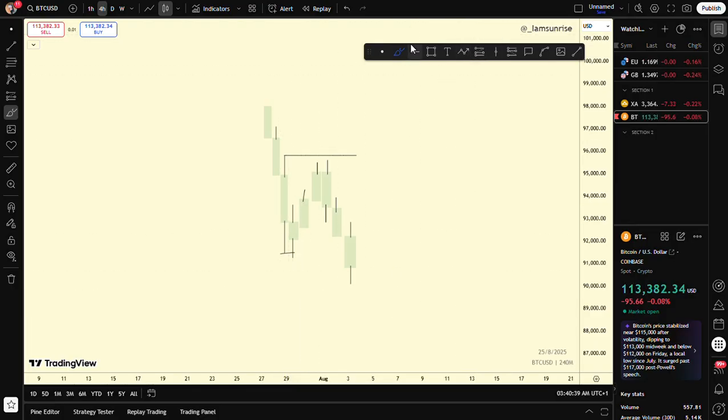I don't know if you're following. Listen carefully. If we have something like this, this long massive candle right here is our previous candle.